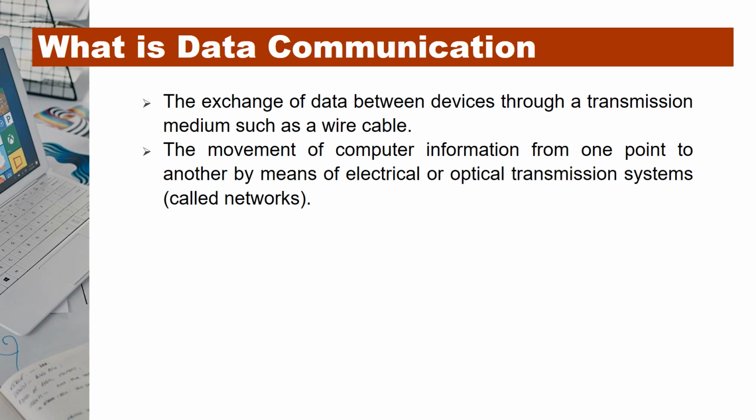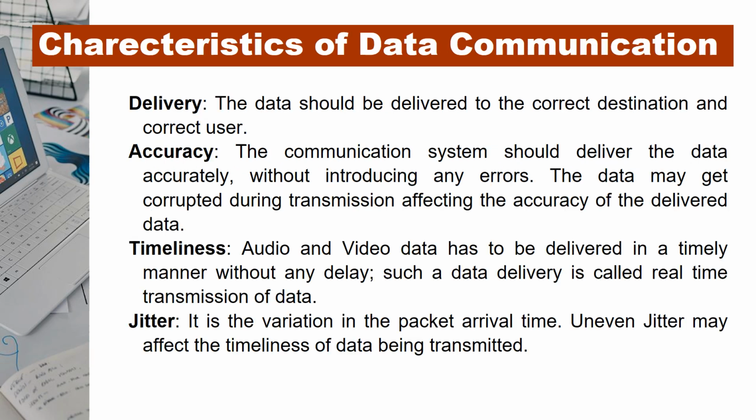Data communication refers to the exchange of information between two or more devices, such as a computer, smartphones, or servers, through a communication channel. It is the movement of computer information from one point to another by means of electrical or optical transmission systems, in brackets, network.